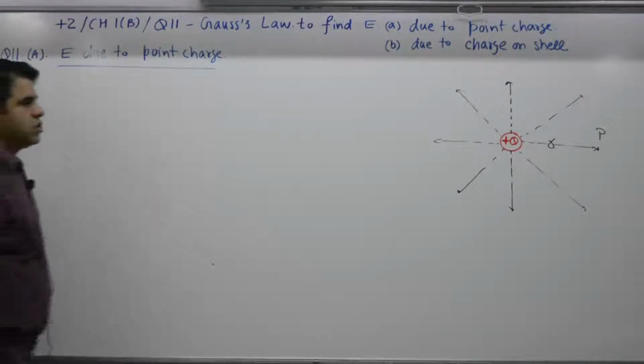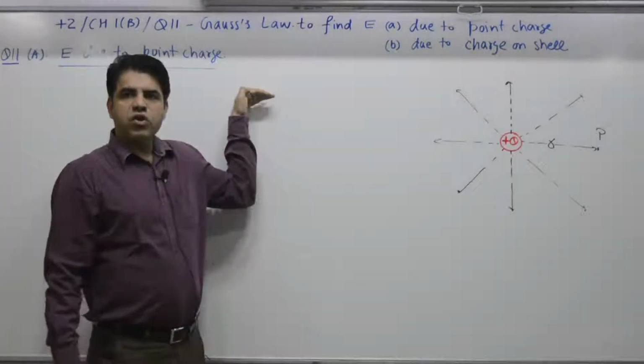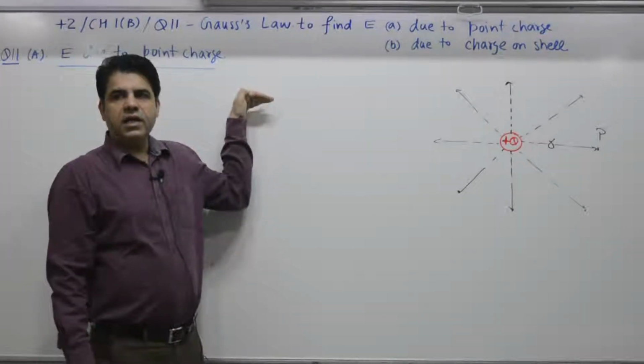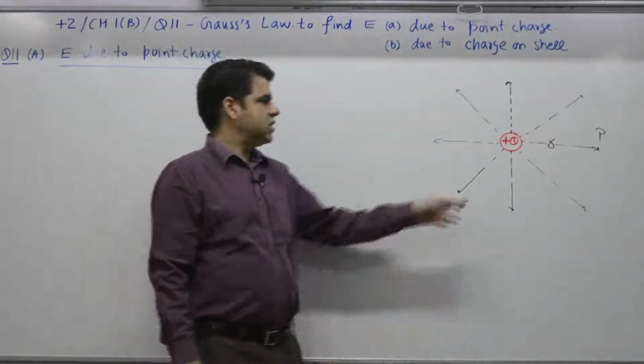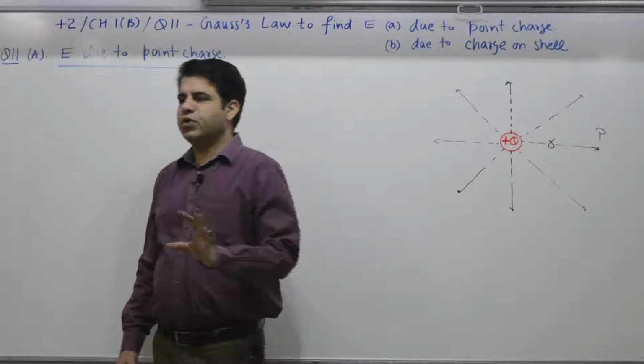You have to apply Gauss's law. You have to start from Gauss's law and find electric field at point P, which is at a distance R. The result is already known to you.